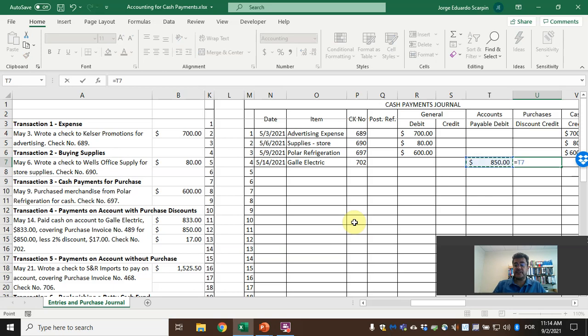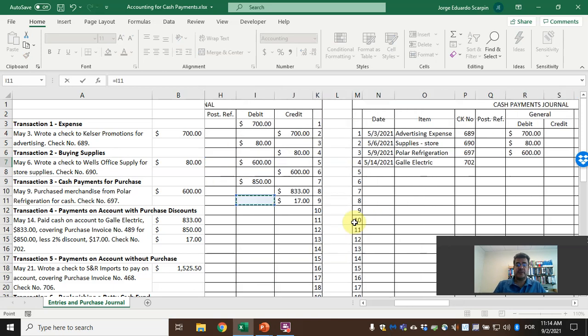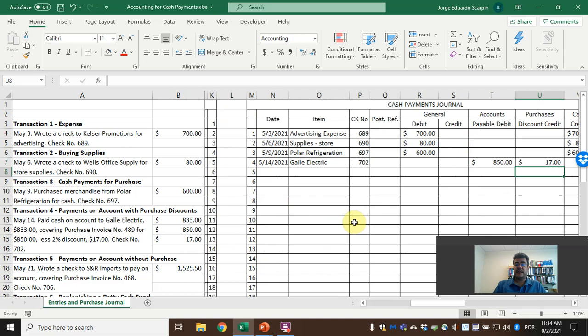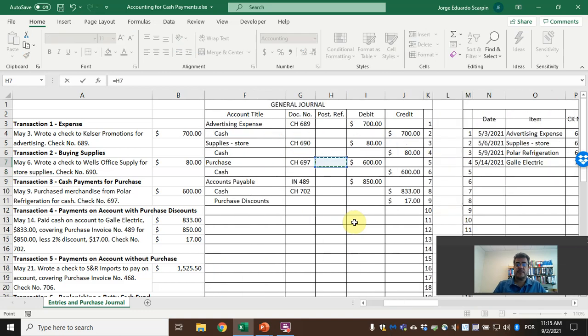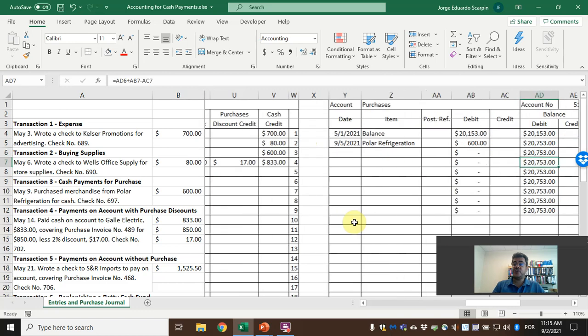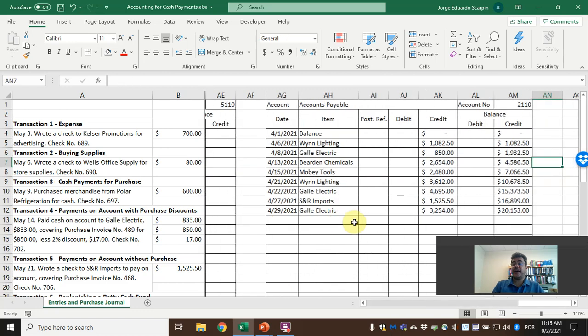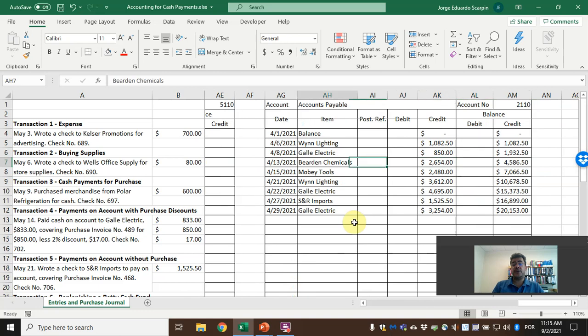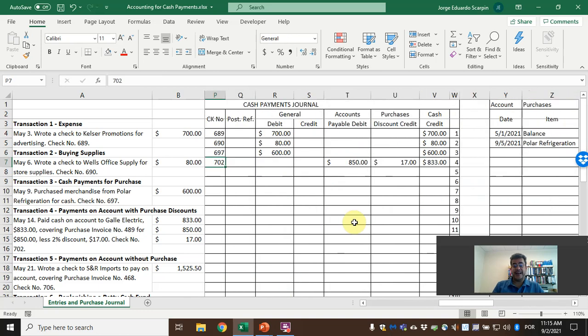Purchase discount credit, do we have? Yes. 17. And cash credit, $833. Now, the sum of credits, $850, matches the sum of debits. And we have the general ledger of accounts payable. We will put it on hold for now.